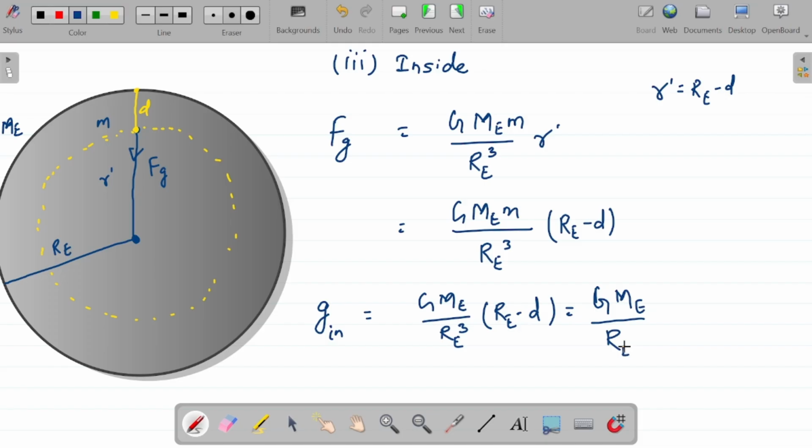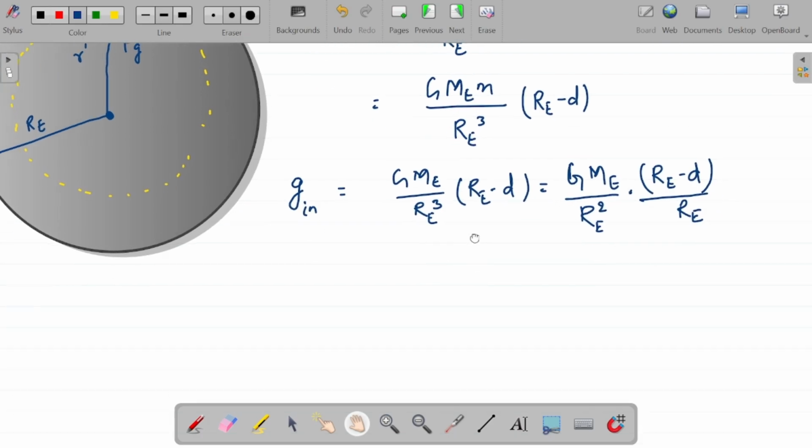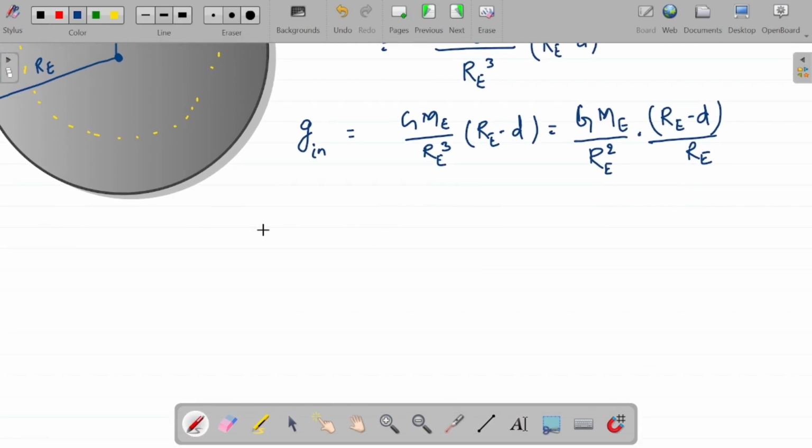So this will be G Me by Re square into Re minus d divided by Re. So this is what. Now, I guess you have figured out this thing. What is this? This is acceleration due to gravity on the surface. So we are using g here, and then this will be 1 minus, look, d by Re.